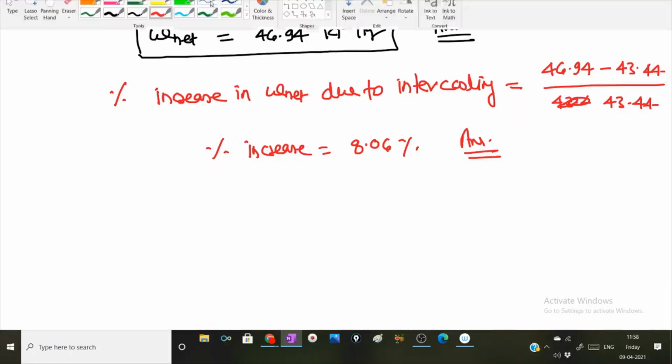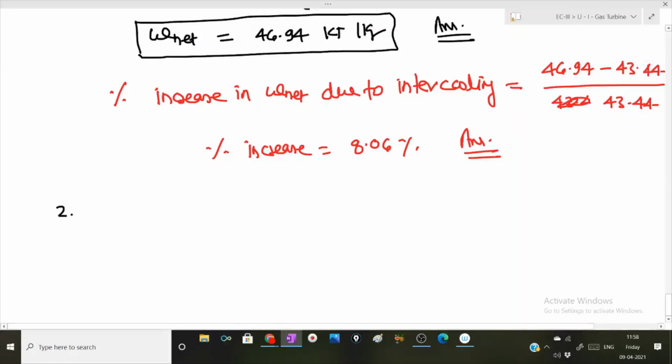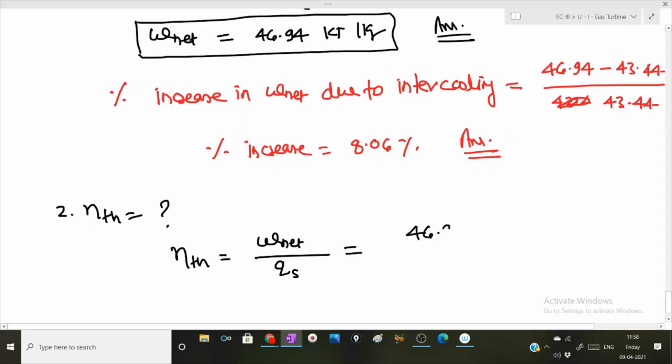Now thermal efficiency for the third cycle, so it will be W net over QS. Okay, W net we have got 46.94 and heat supplied is Cp (T6 minus T4).